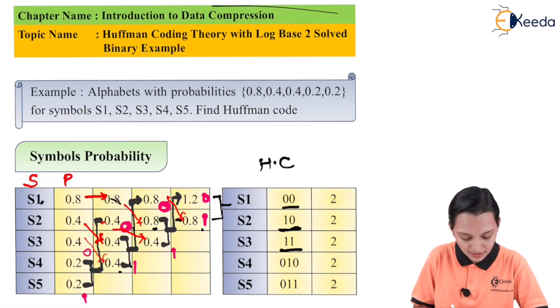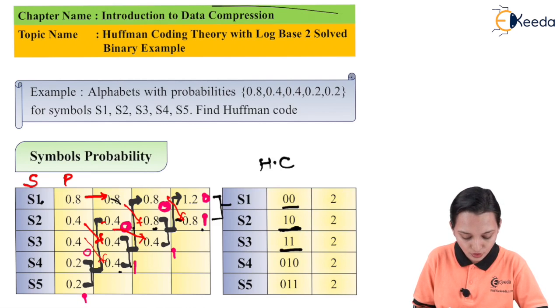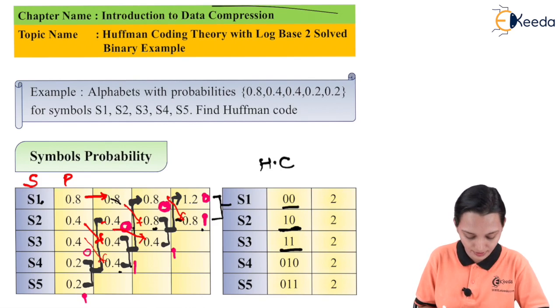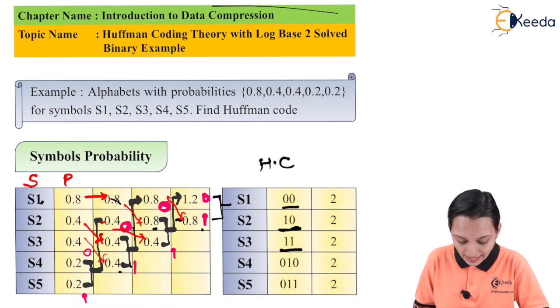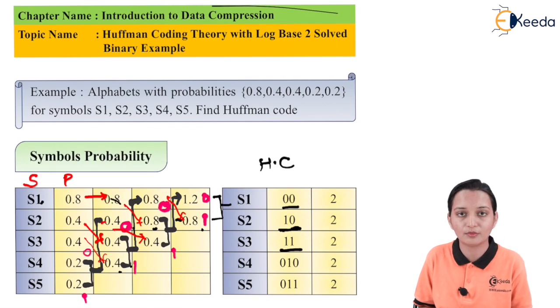Next one is S4. What is the probability of S4? 0.2. What was assigned in the first step? 0. Why? Because that is the lowest probability in step number 1 itself. So here you are getting the answer 0. This combined answer gets shifted to column 2, that is to the 0.4. At this 0.4 there is nothing represented with a binary symbol.